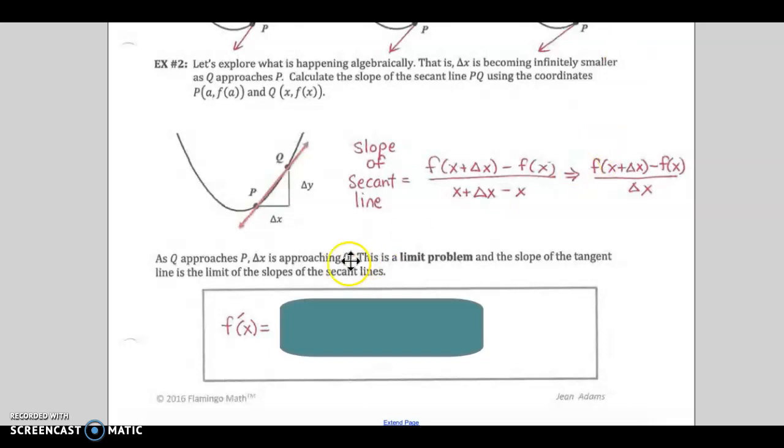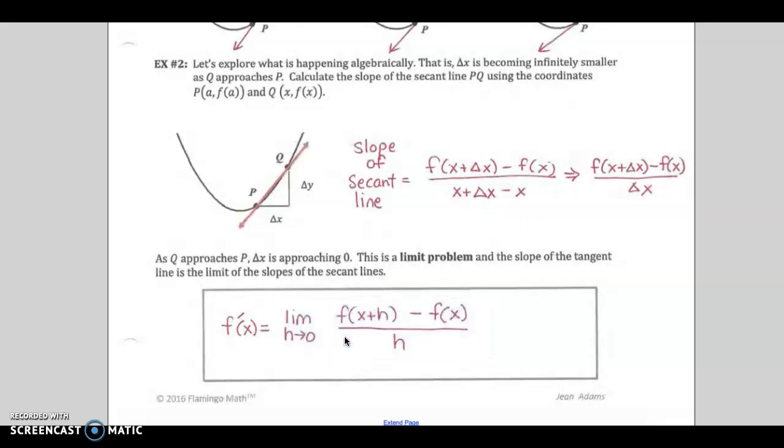As Q approaches P, delta x is approaching 0, and this is the limit problem. The slope of the tangent line is the limit of the slopes of the secant lines. We've already talked about this, and you'll probably remember it quite well. F prime of x is the limit as h approaches 0 of f of x plus h minus f of x, all over h.